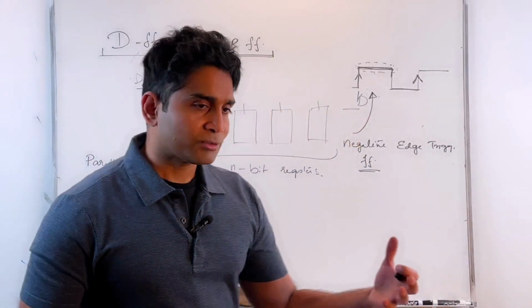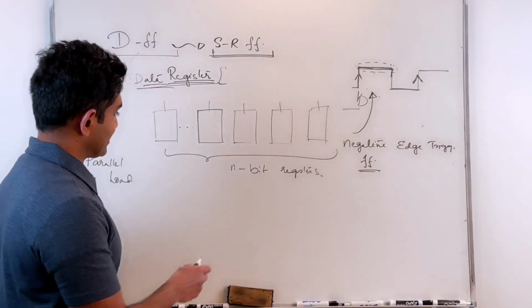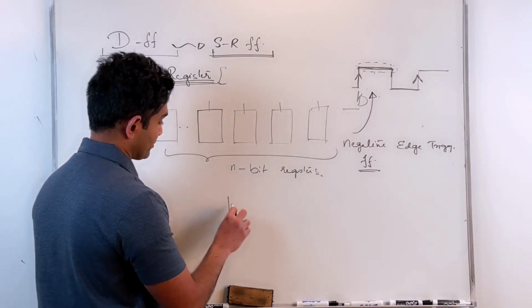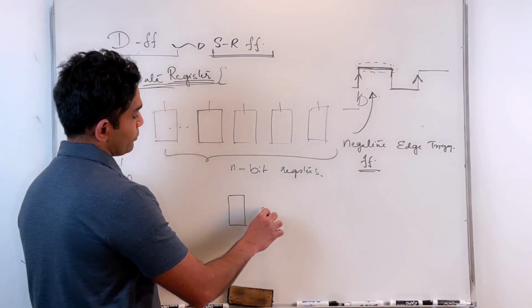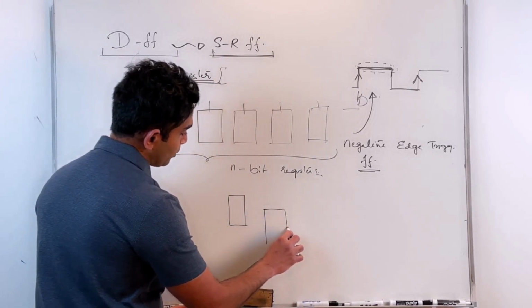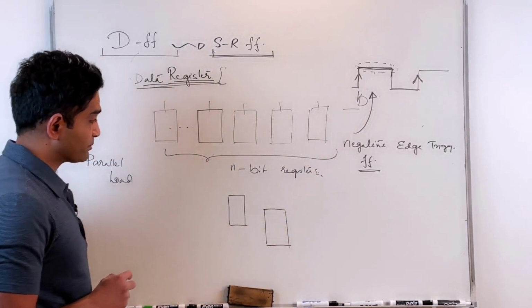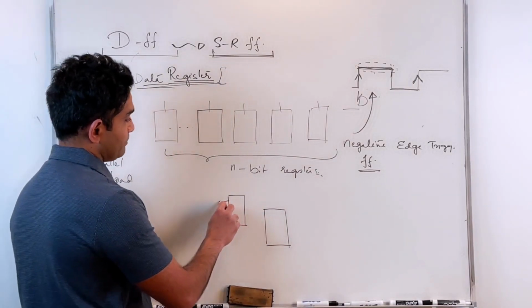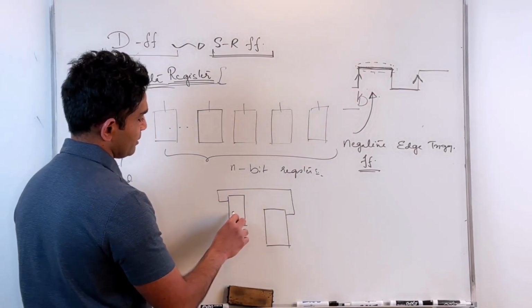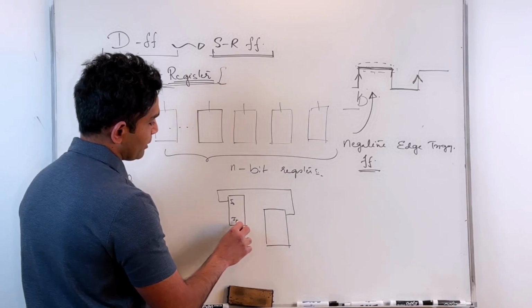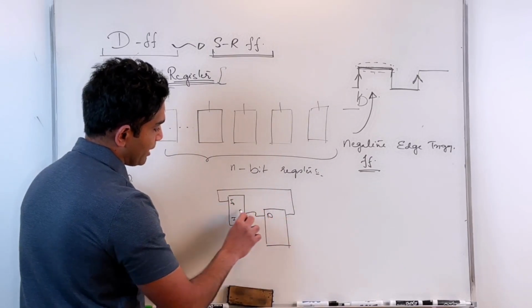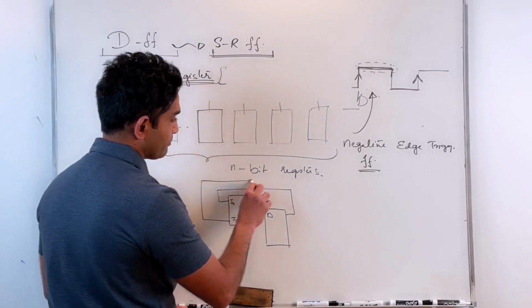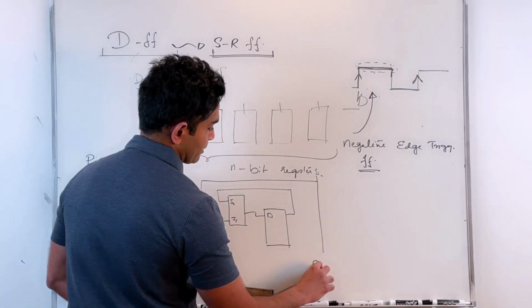To account for that, we looked at how it is actually done. For each of my flip-flops, you also have a 2-to-1 multiplexer, which is configured in this way. So you have I0, I1. You're feeding the output back to the input of the D flip-flop, and the other input of the multiplexer is connected to the data bus.